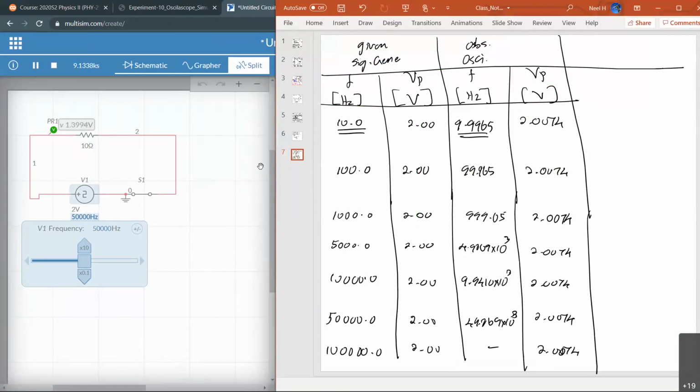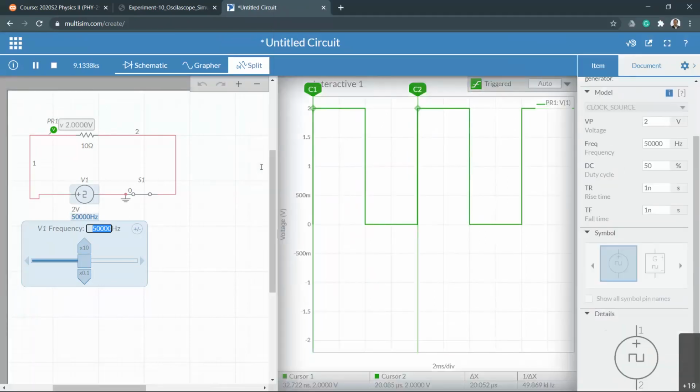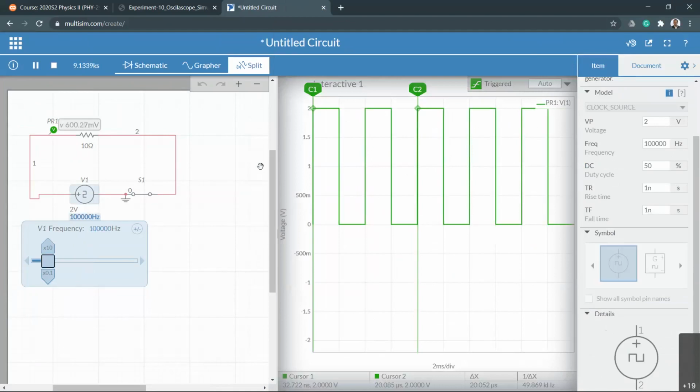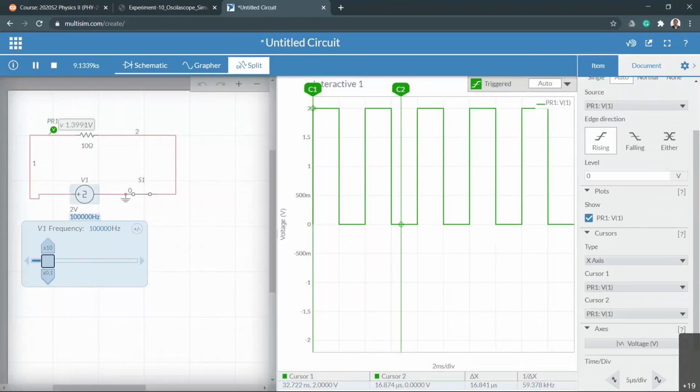And then let's do the last one, 100,000. Let's change this value, the cursor point. Since it is visible, I'm going to leave it like that.